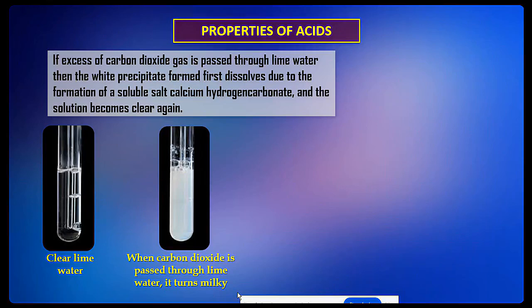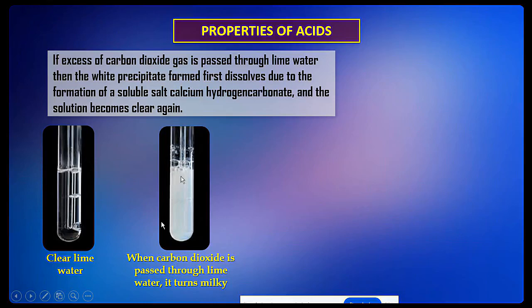Okay, if you pass an excess amount of carbon dioxide, more than the required amount, to this solution, what will happen? It turns to a colorless solution and dissolves in water completely. Why?